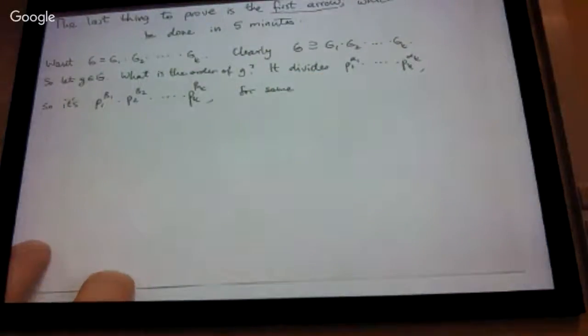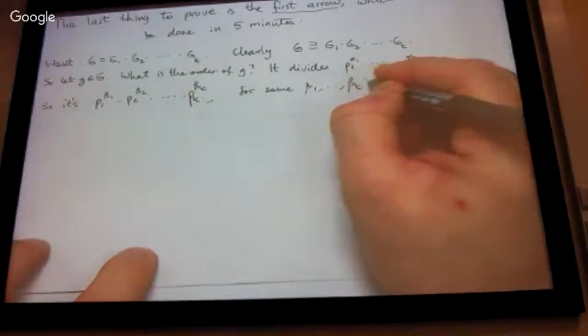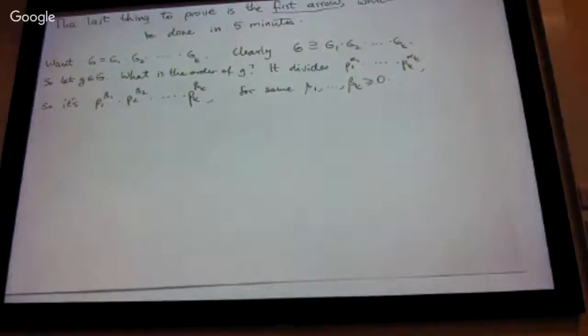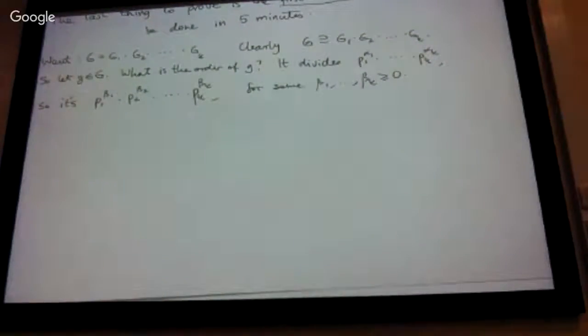Now, these betas could be 0, but they can't be more than alpha. Some of them could possibly be zeros.